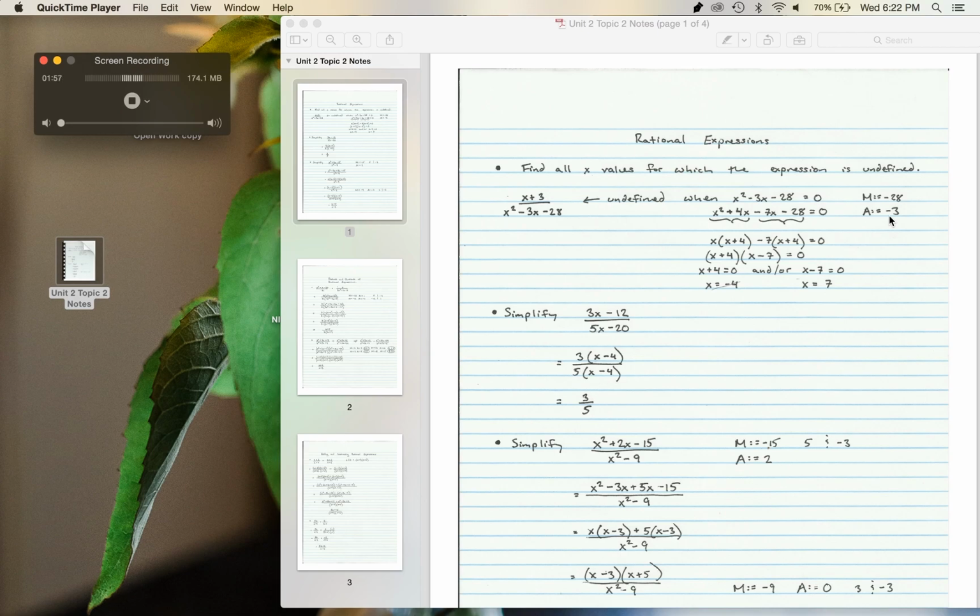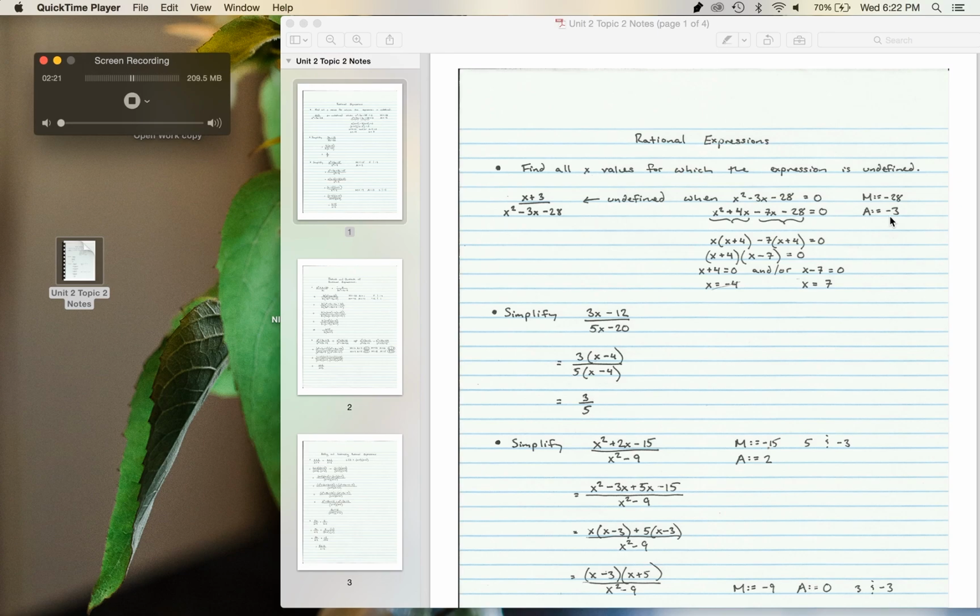How about 7 and 4? 7 times 4 is 28. I can make either one negative to make the 28 negative, but when I add them together, I need to get a negative 3. I better put the negative on the 7. So negative 7 times 4 is negative 28, and negative 7 plus 4 is negative 3.